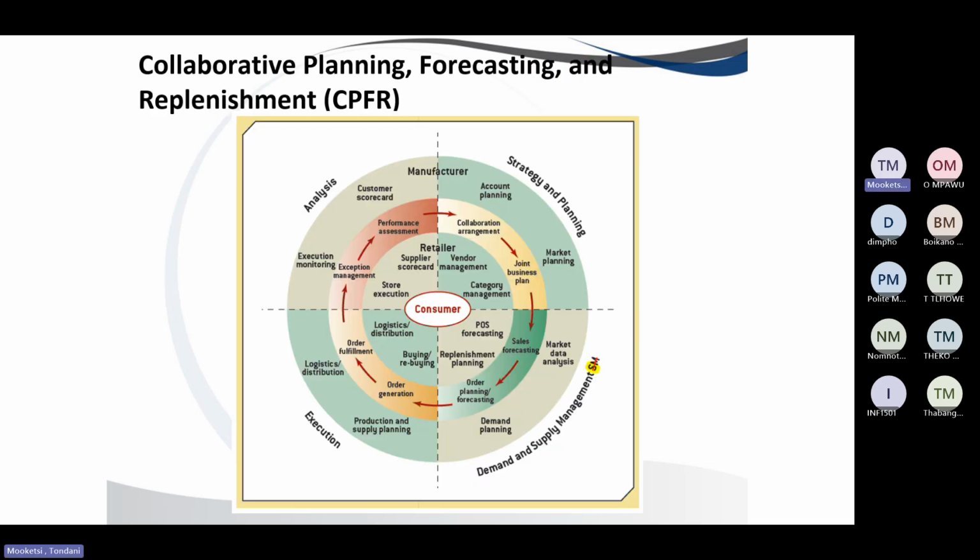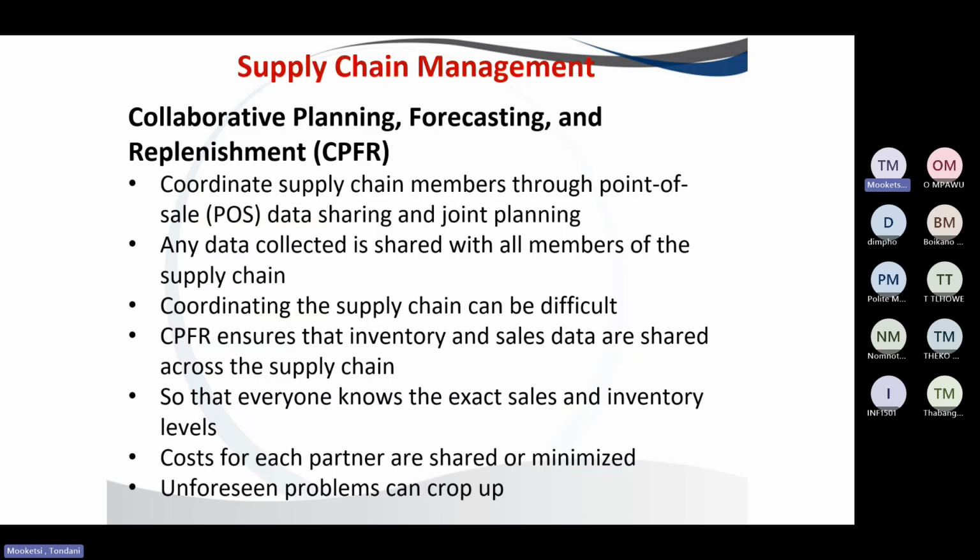So those are some of the important things that you need to know there. Okay, and this slide, this diagram is there in your book. If you can't see, you can just look in your book. It is explaining collaborative planning, forecasting and replenishment. I've spoken a lot about point of sale system. This type of system is used to share data and for joint planning in a supply chain.